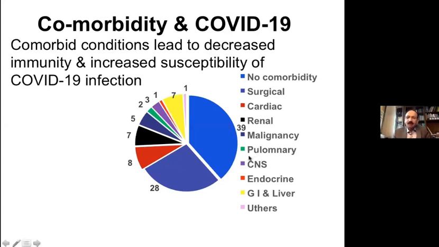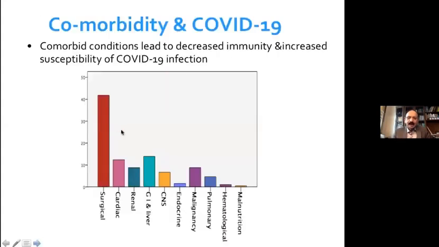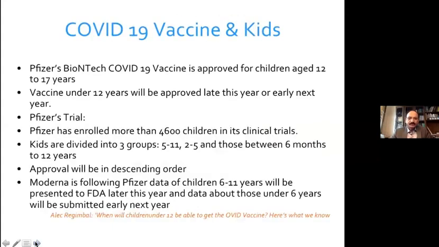And of course, less commonly, pulmonary, neurological, endocrine, GI, and others. But the three most common underlying conditions which make them most susceptible were cardiac, renal, and malignancy. You can see how the surgical conditions, this was more a preoperative screening, but these are the three major conditions which were the cause of death in these patients.